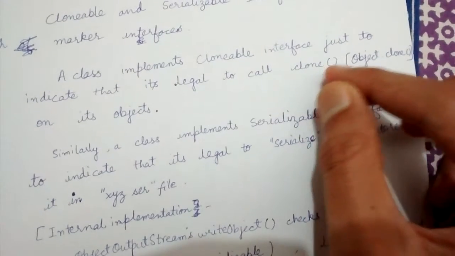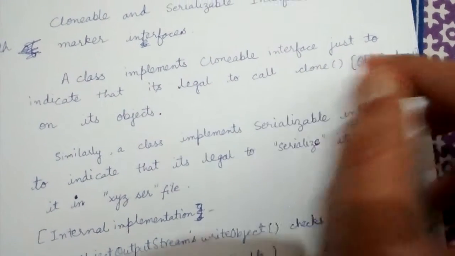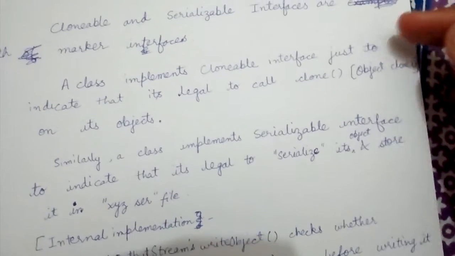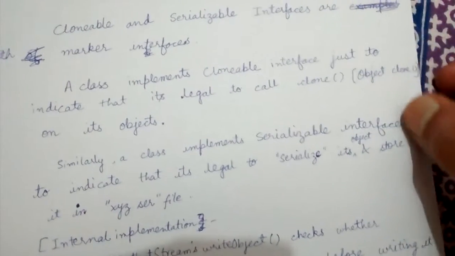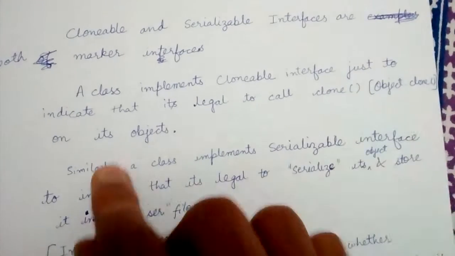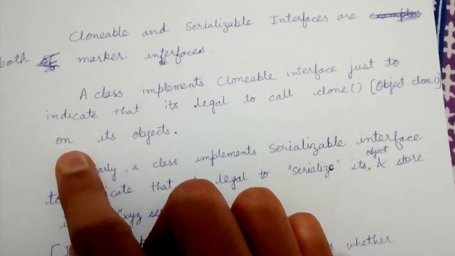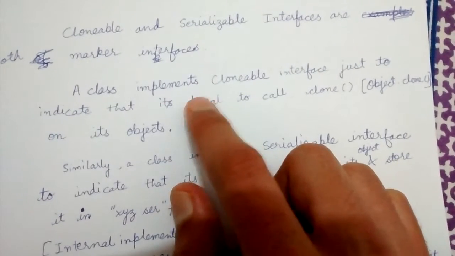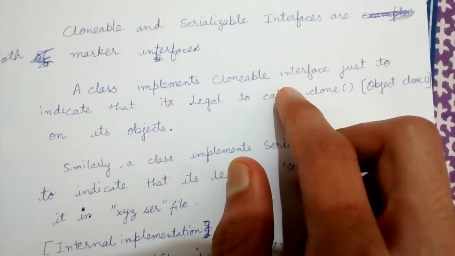This method is defined in the Object class, and as you know, Object class is the parent of all the classes in Java. So why would a class implement the Cloneable interface?